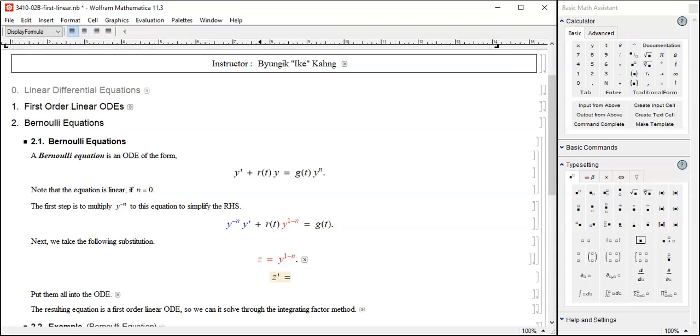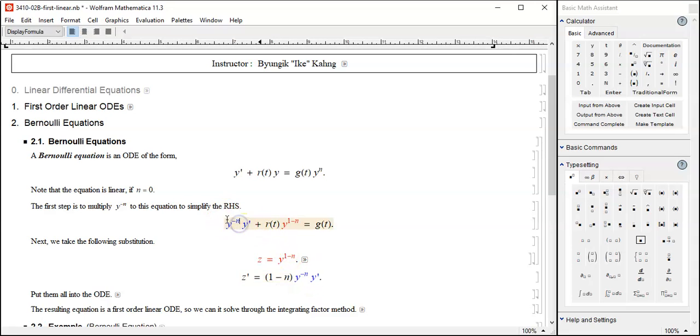What is z prime? By chain rule, 1 minus n times y to the, let's subtract 1 from the power, 1 minus n minus 1, which is equivalent to just minus n power. All right? And then by chain rule, we have to multiply by the derivative of the inside. Now, have you seen this before?